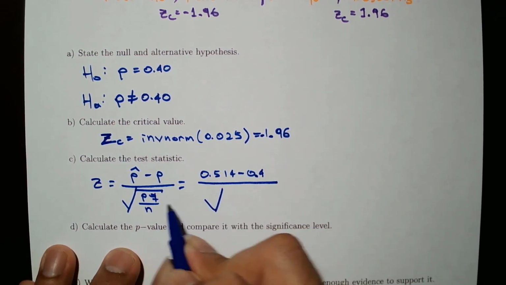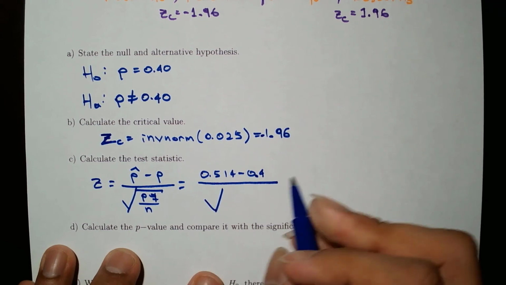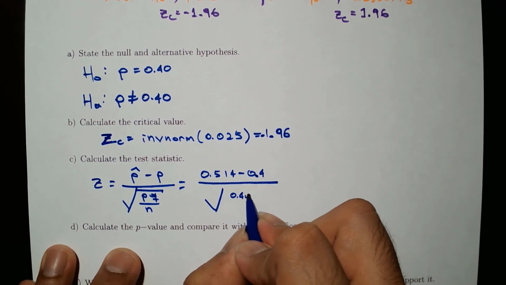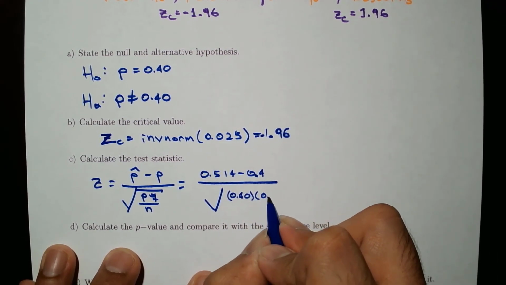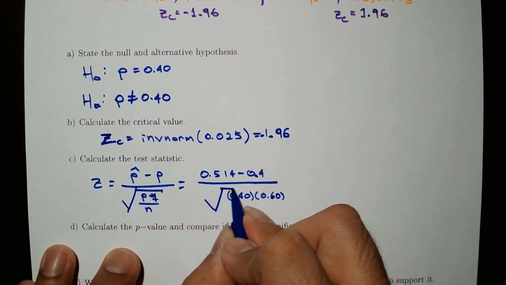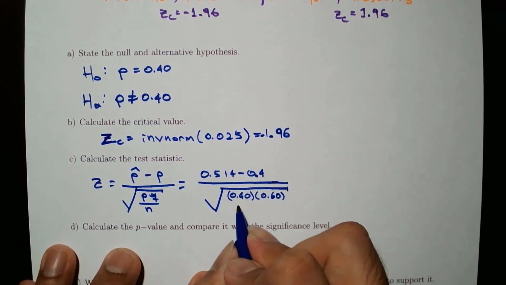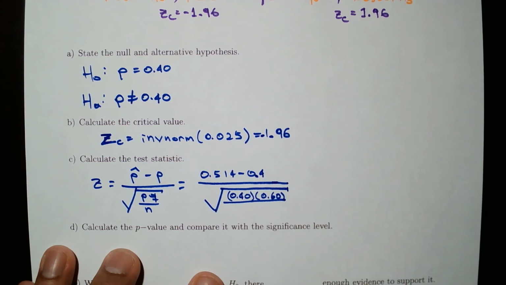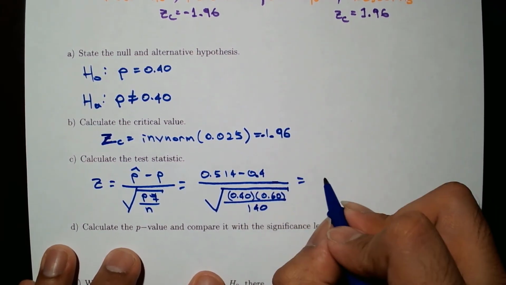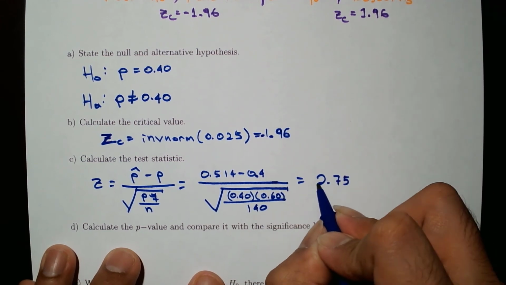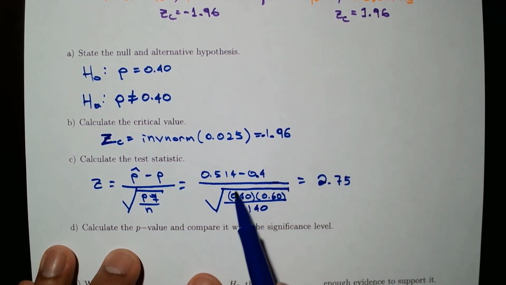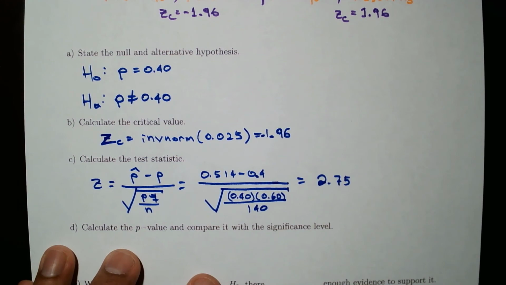Divide that by the square root of the product pq, which is 0.40 times 0.60, over n, which is the sample size of 140. Using a calculator, I get 2.75. This time I will let you verify using the calculator.